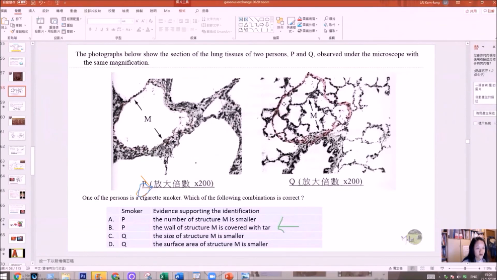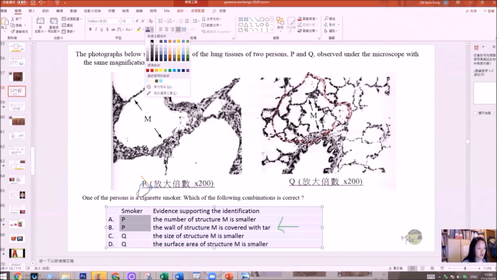Here, with the same magnification, for P this same area contains only one air sac, but for Q, a normal person, it has a large number of air sacs. So the smoker is P.